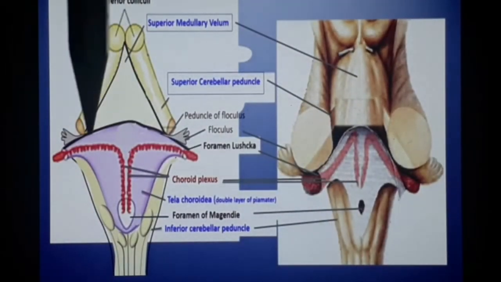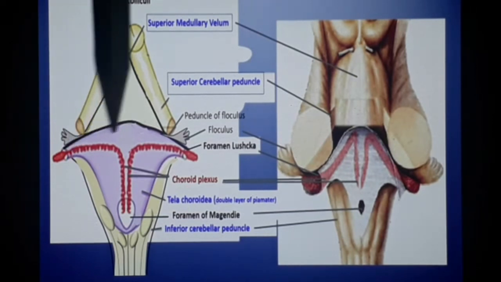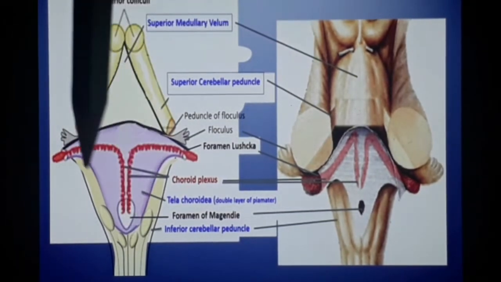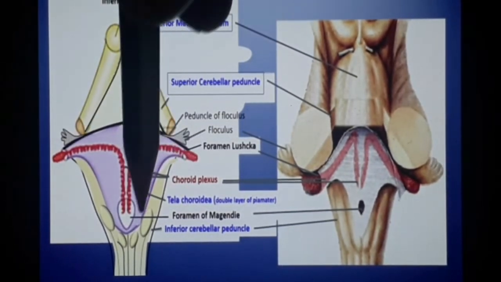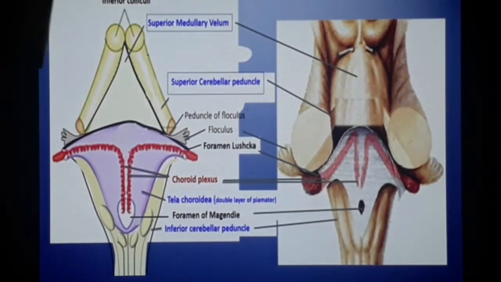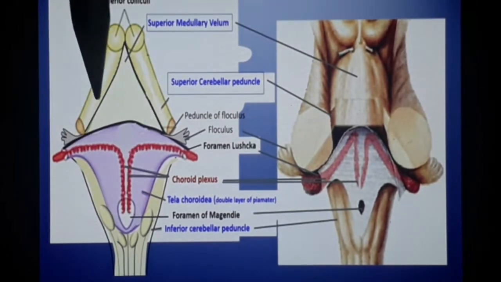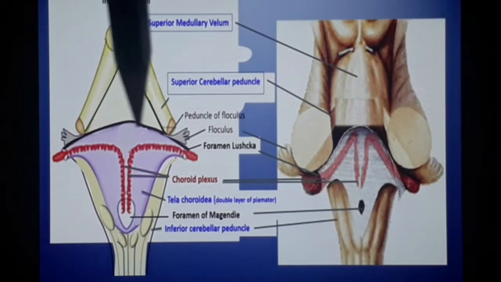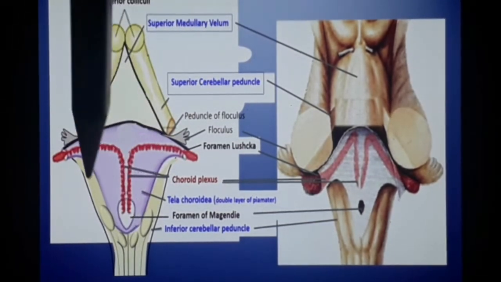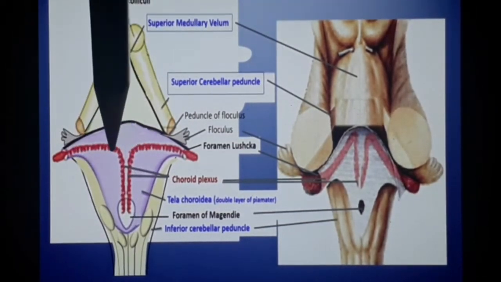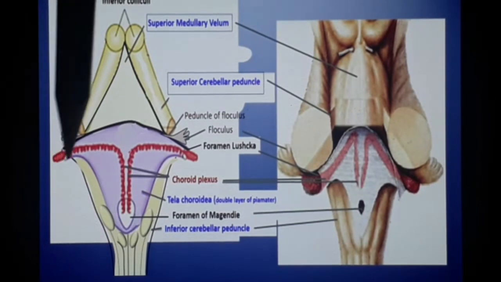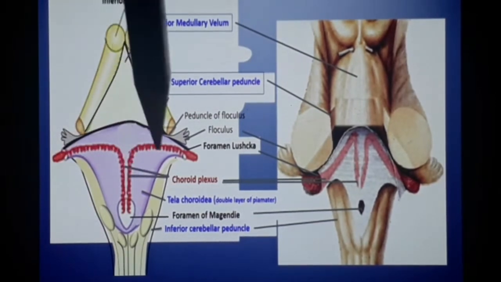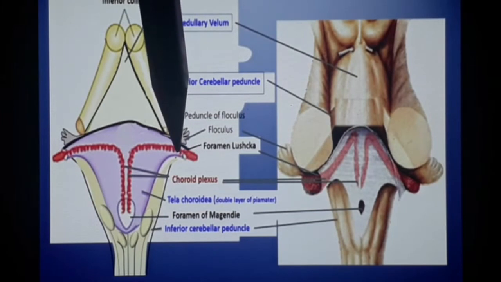I have already told you the roof, the inferior sloping surface is formed by the ependymal cells and the double layered pia mater. The double layered pia mater is known as tela choroidea. Within the double layer, you can see the plexus of blood vessels, which is known as the choroid plexus.